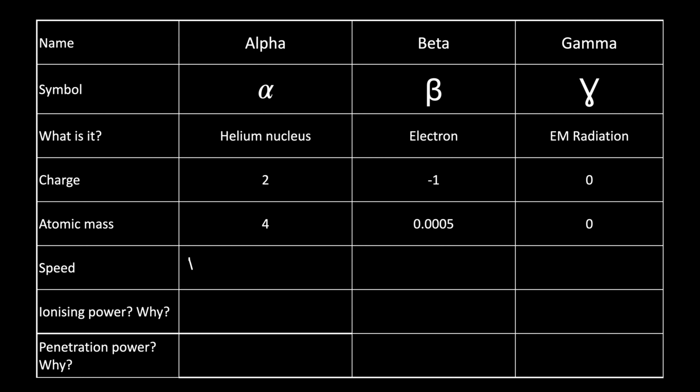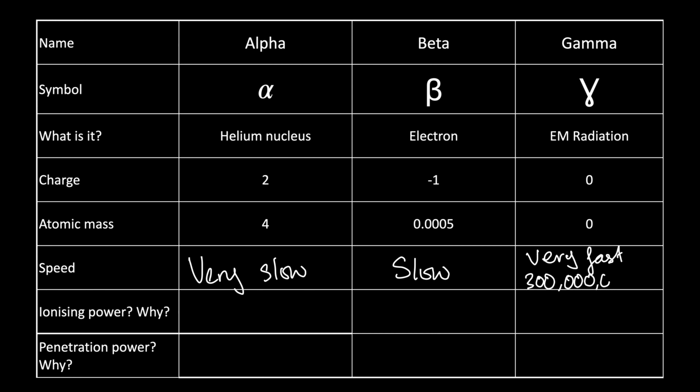Alpha particles are very slow. Beta particles are still slow, but faster than alpha particles, and gamma is very fast. In fact, it's 300 million meters per second.